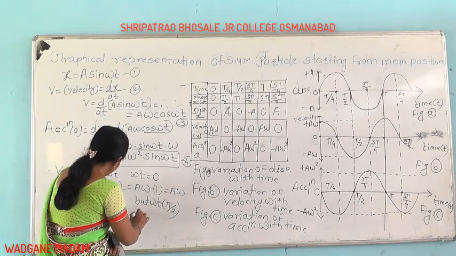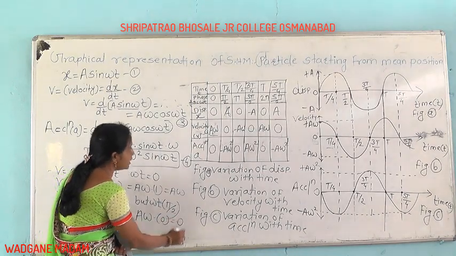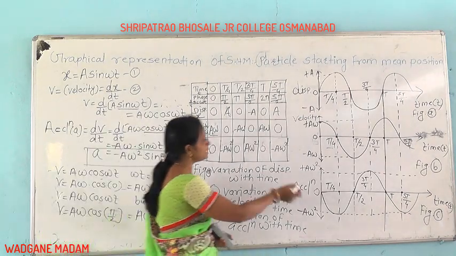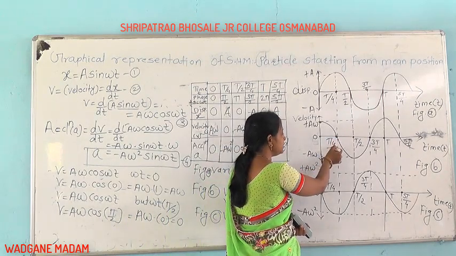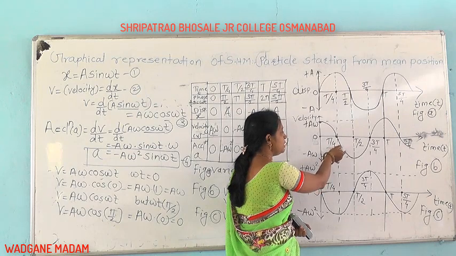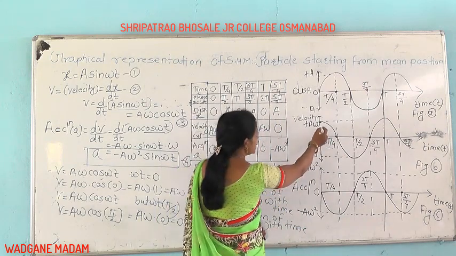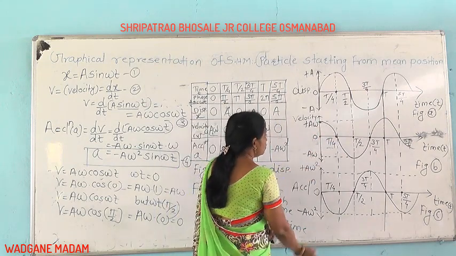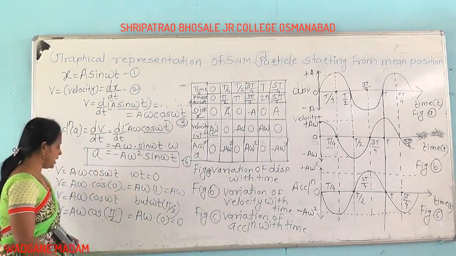Therefore, v is equal to a omega into 0, that is 0. Therefore, the particle returns to the mean position at the time interval T by 4 when the phase is pi by 2. We can see that the graph goes toward the mean position at the corresponding time interval.